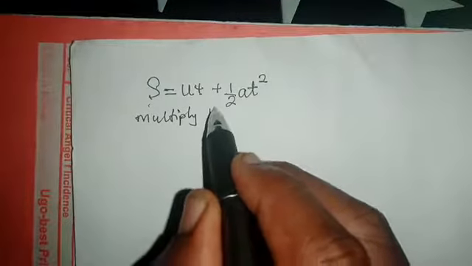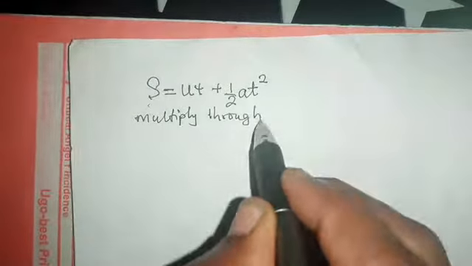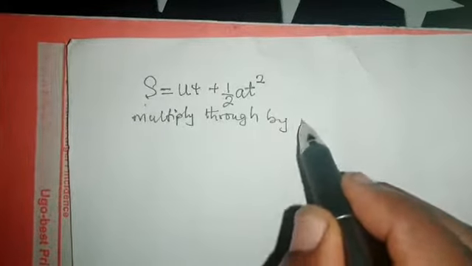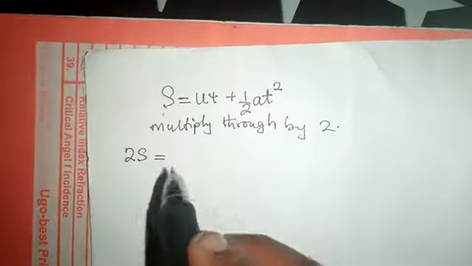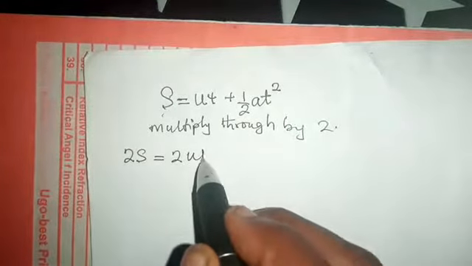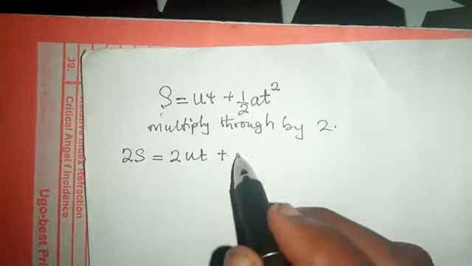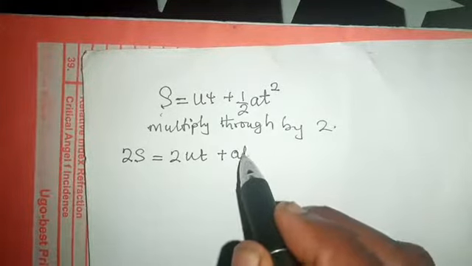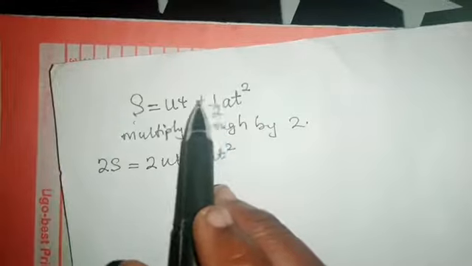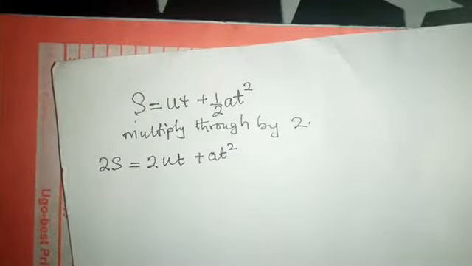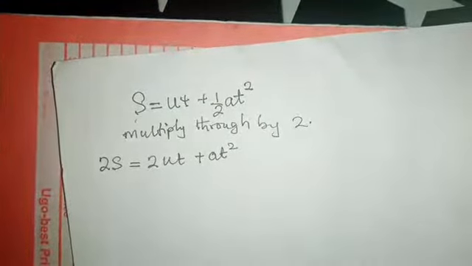So I have 2s equal to 2ut plus 8t squared. Remember, if I multiply this one by 2, 2 will cancel 2, we have 8t squared. That is the first step.